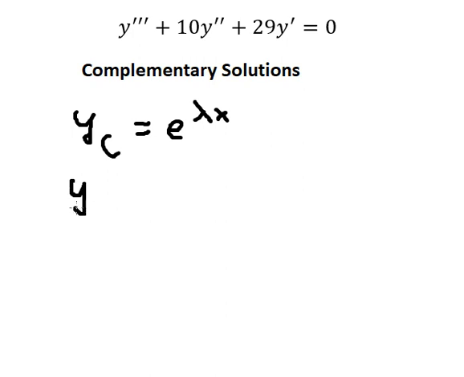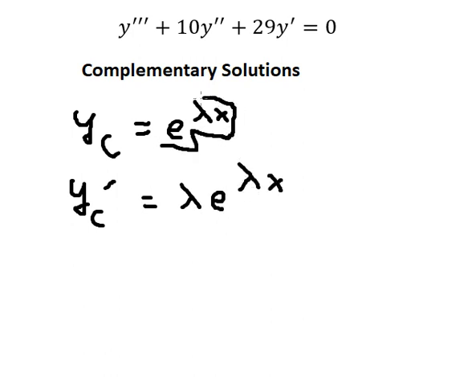Later, we need to first find the derivative of yc, and we have lambda e to the power of lambda s. If we take the first derivative of this, we keep the same e to the power of lambda s. Later we take the derivative of lambda s, so you get lambda.